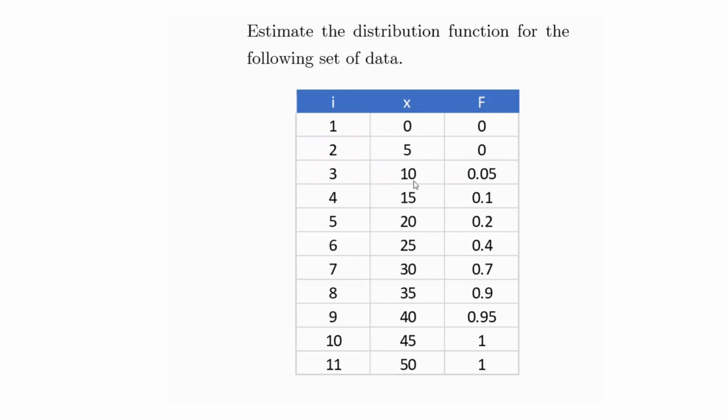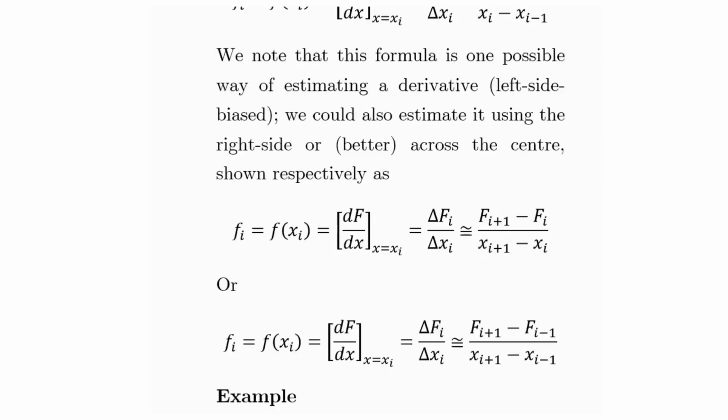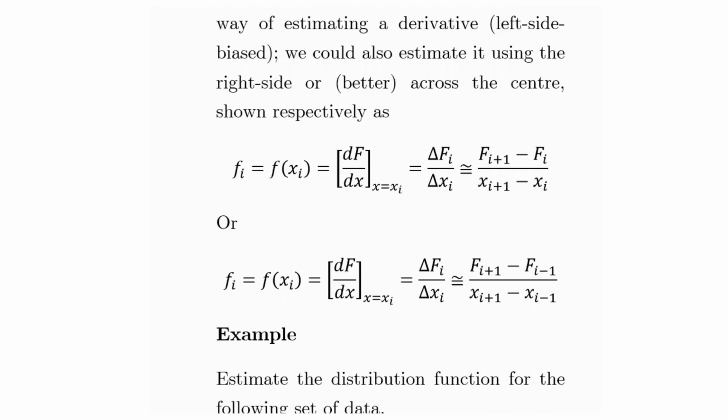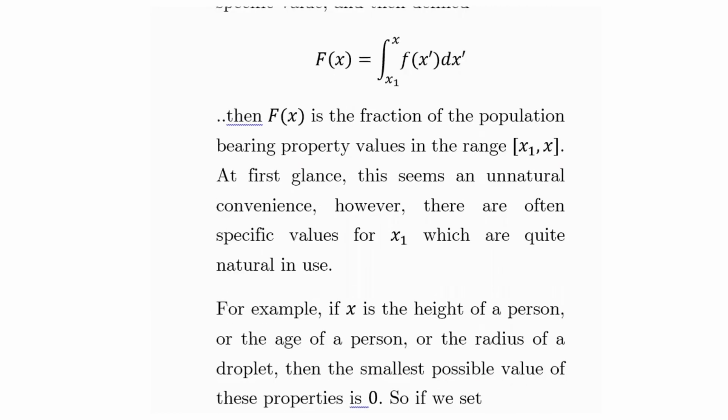Then when we start looking at 10 kilograms, then we are asking what's the fraction of houses having between 0 kilograms and 10 kilograms of firewood, and 5% of the houses have that. And then between 0 and 15 kilograms, 10% of houses have that, and so on. So we are dealing with the cumulative integral from 0 to x, right?